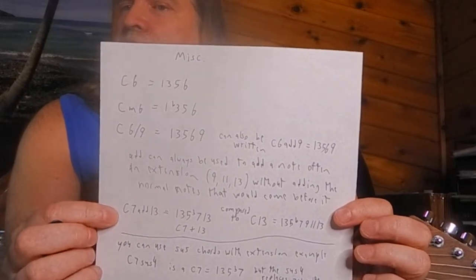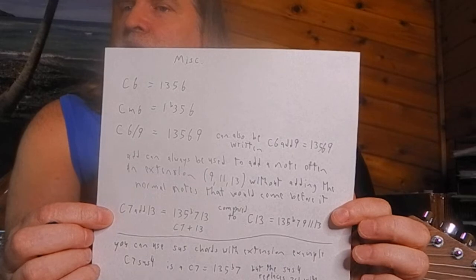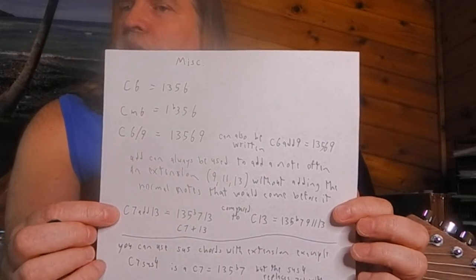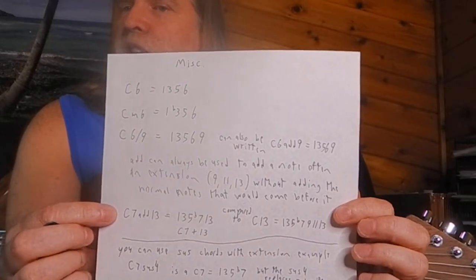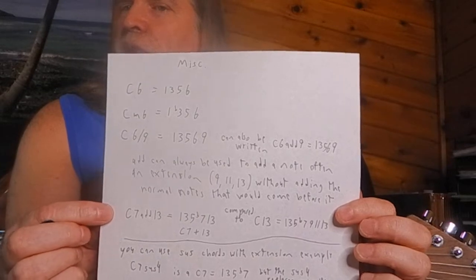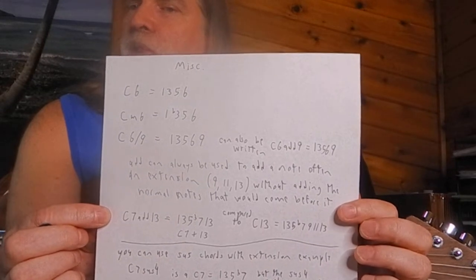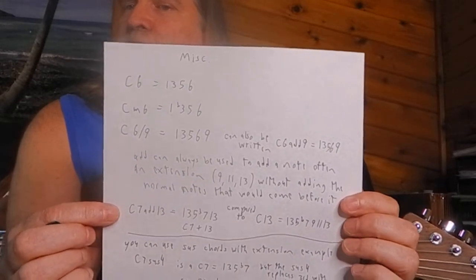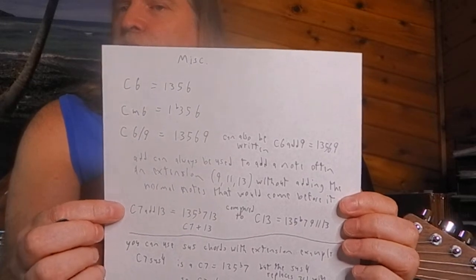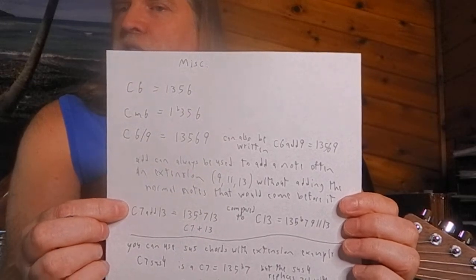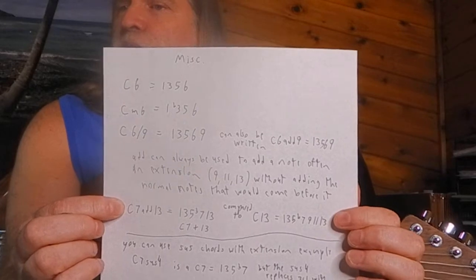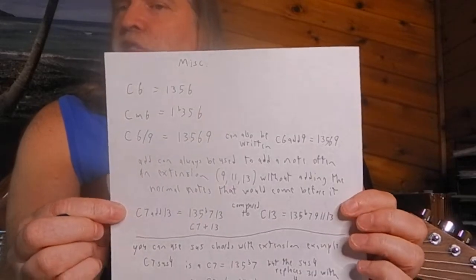So, like I was talking about simplifying, sometimes if it says C13, you might actually be playing the C7 add 13. Some composers will be very specific and say up front to play this.